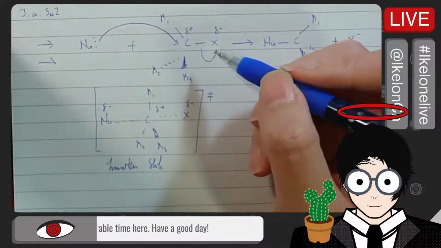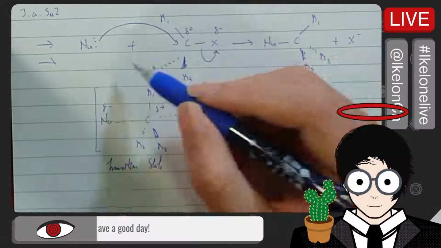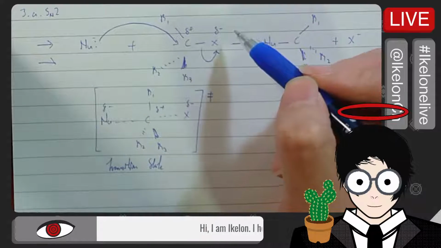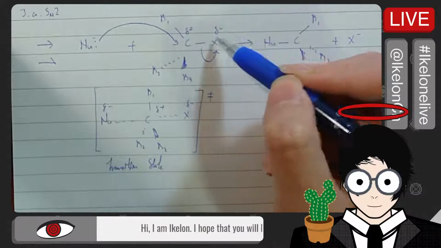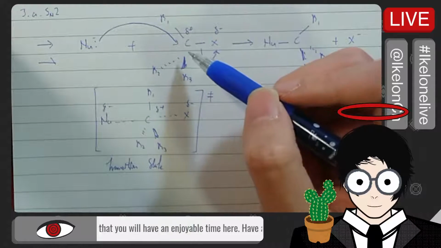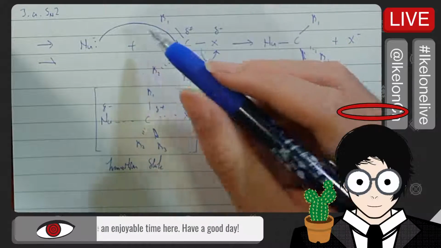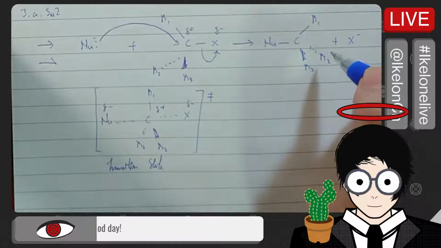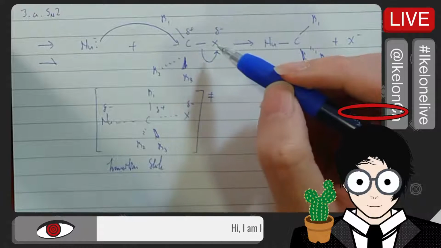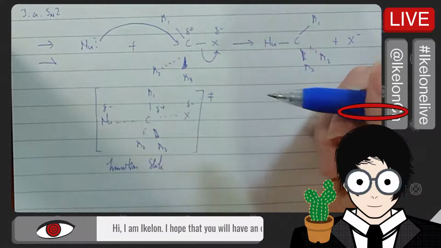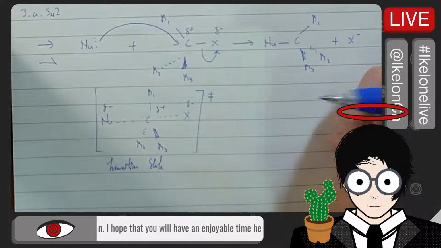So as we know, like charges repel, since they are both negative, they will repel each other. So it's hard for the nucleophile to approach the carbon atom from this side. So it will approach from this side. That's why it approached there. And as a result of the nucleophile approaching from this side, it will be an inversion of configuration. Because, well, it's hard to explain why it's an inversion of configuration.